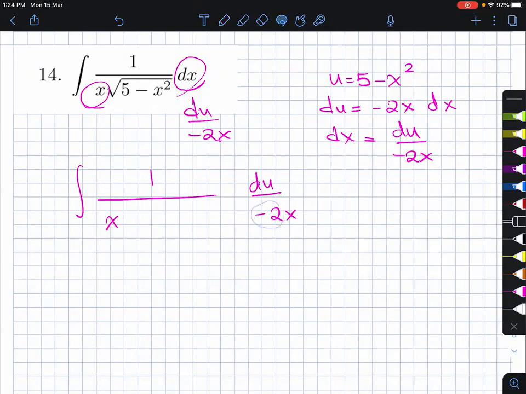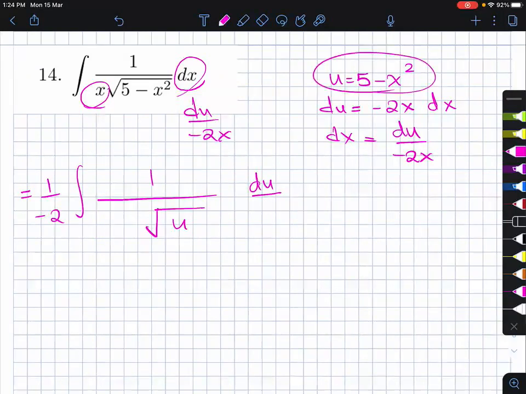Negative 2 we can take outside as a constant, negative half, root u, and x times x will be x squared. So cancel it out, and of course you get it from here: u, 5 minus u.